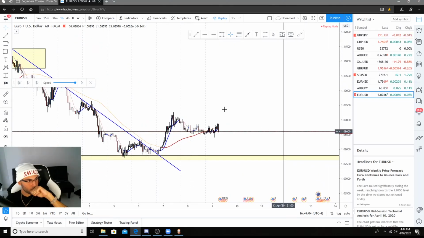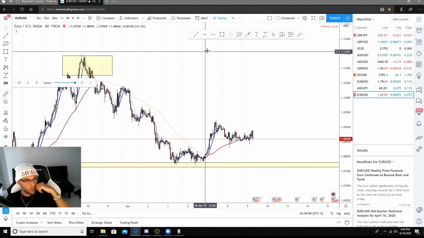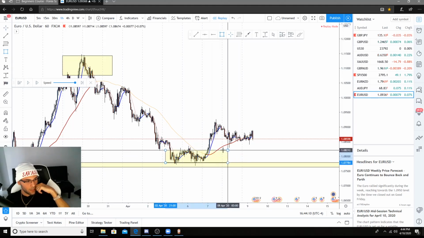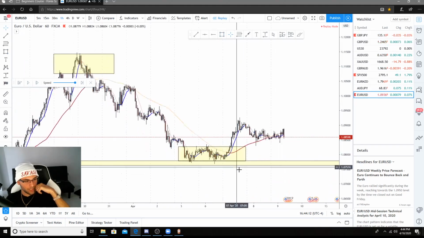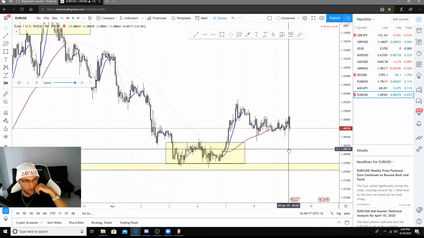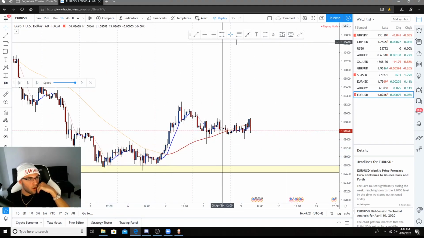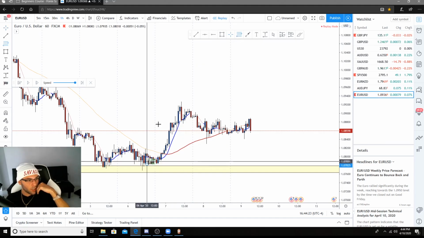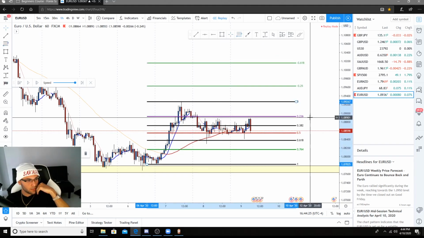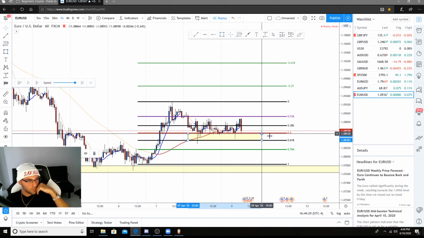Boom. So now that we have our down channel that was broken, and then a side channel respecting this previous level of support on the daily, which is very, very strong, we're going to draw our Fibonacci on this market structure break to the upside. As you guys can see, this is our golden zone.